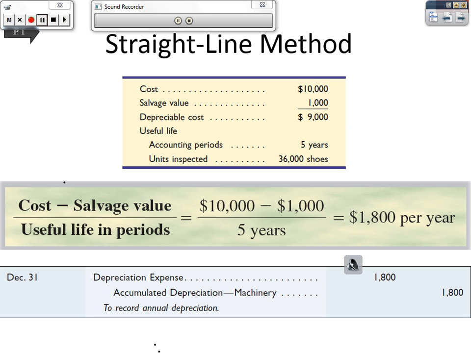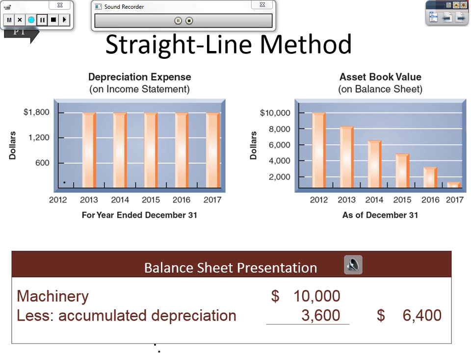Secondly, here with the 1,800, because that 1,800 was accumulated, you have to always take what has been accumulated and subtract it from the beginning book value.